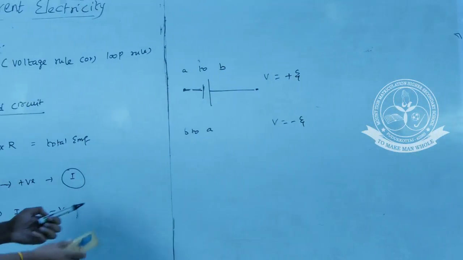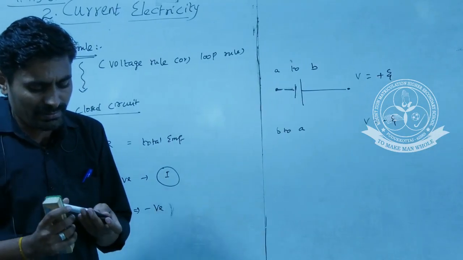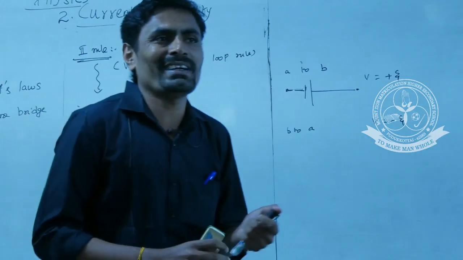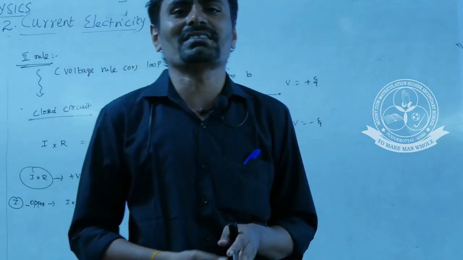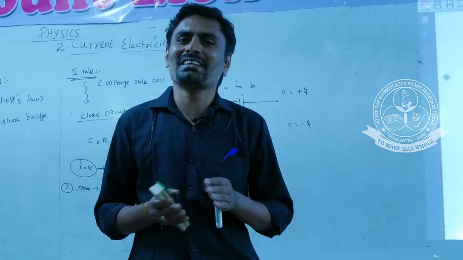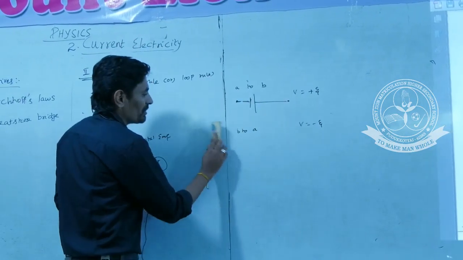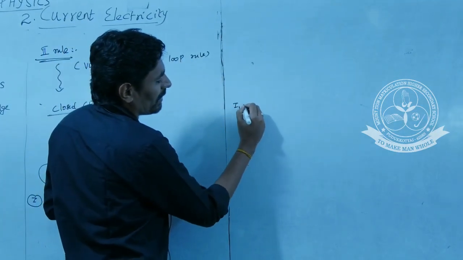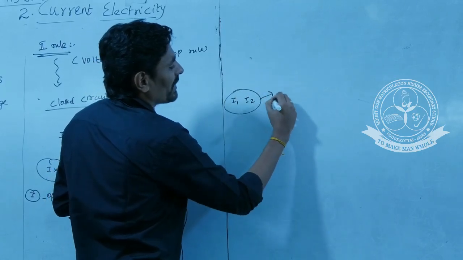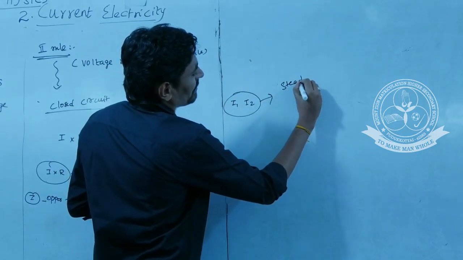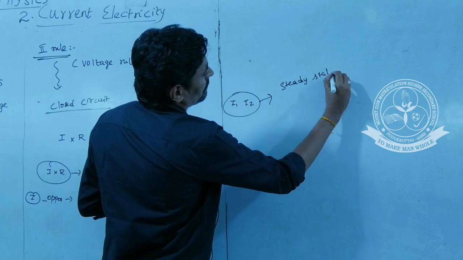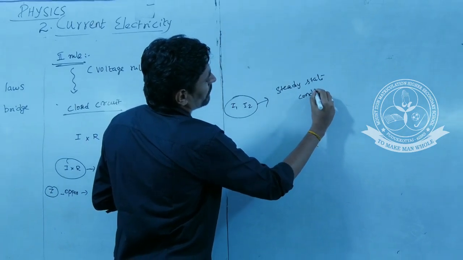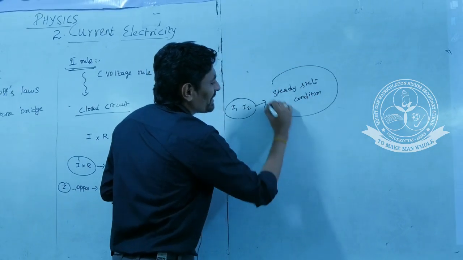The Kirchhoff voltage rule has to be applied only when all the currents I1, I2 reach the steady state condition. So what is meant by steady state condition?